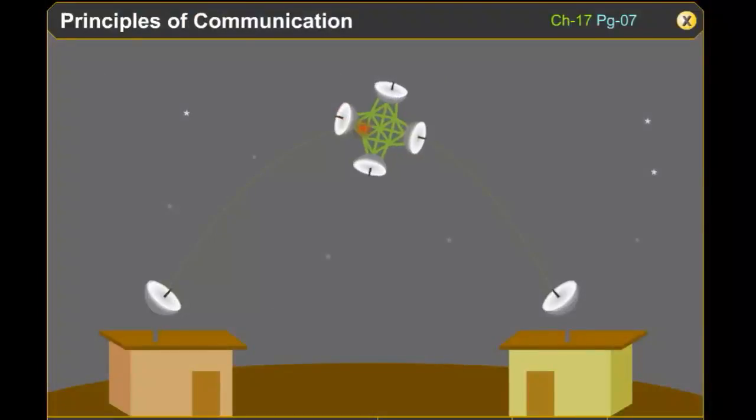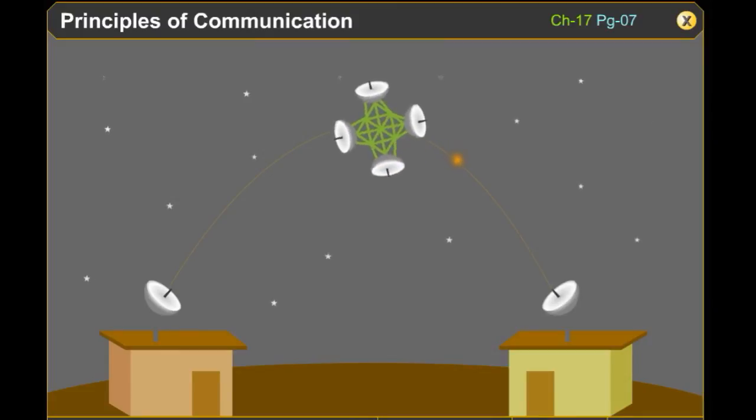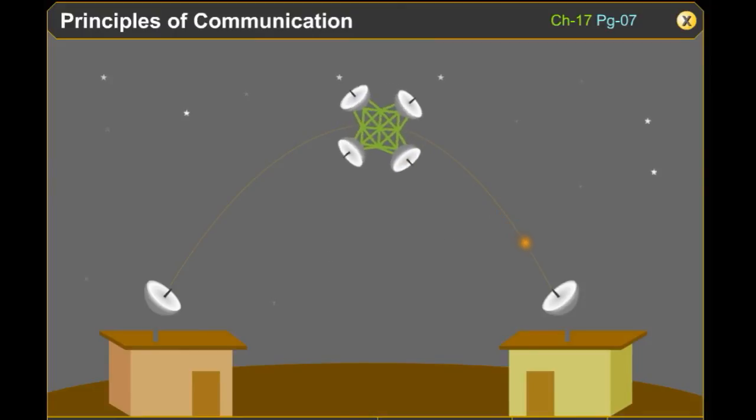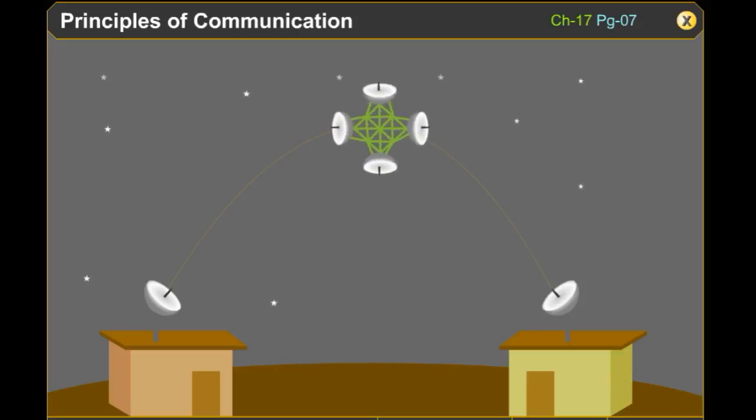The signal is sent directly towards the satellite, which receives the incoming signal, amplifies it, and returns it to the Earth station receiver at a different frequency to avoid interference between the uplink and downlink. These frequencies are in the UHF or microwave region.